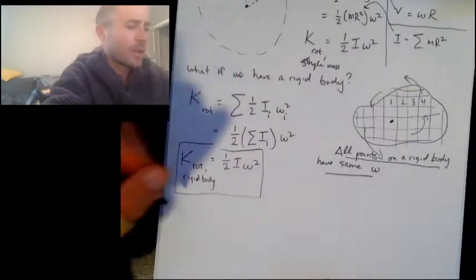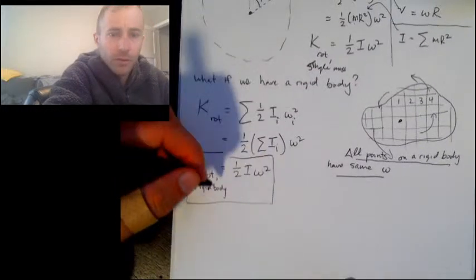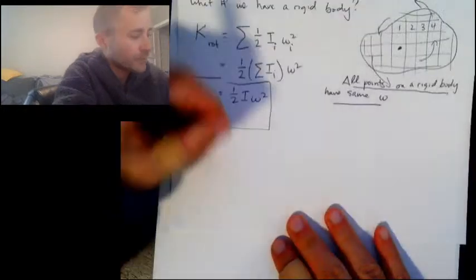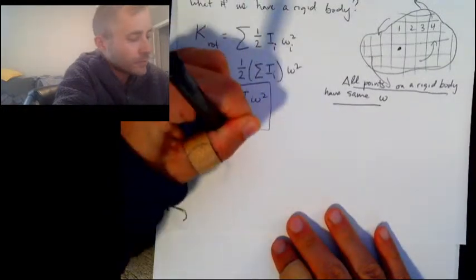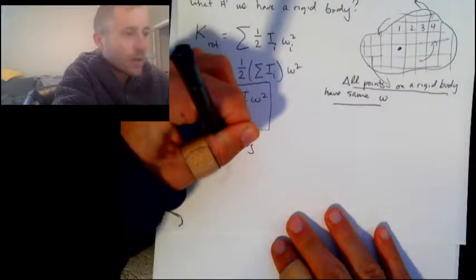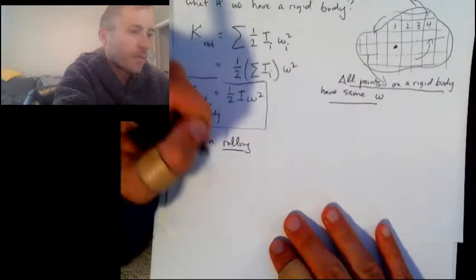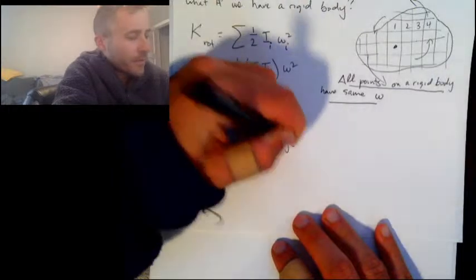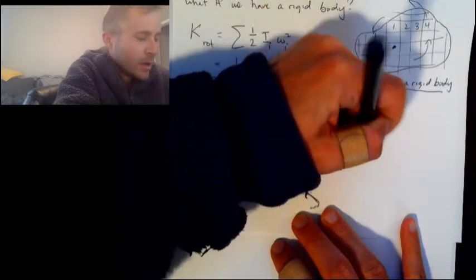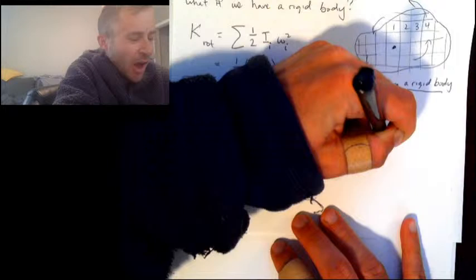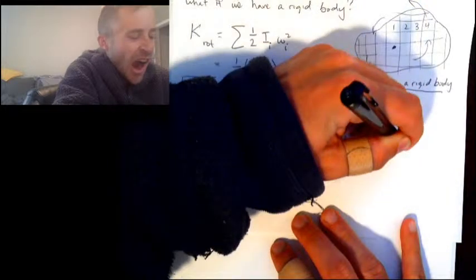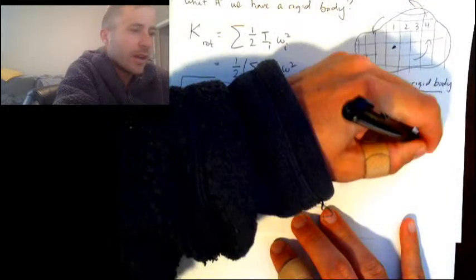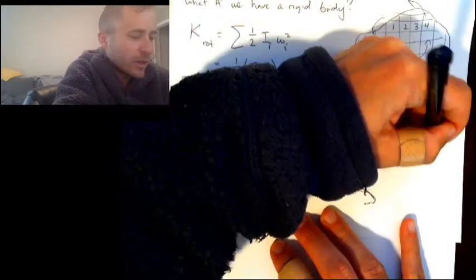Okay, so when something is rolling, things have both translational and rotational kinetic energy.